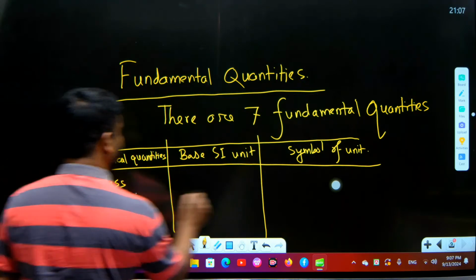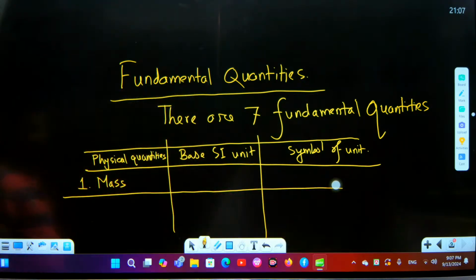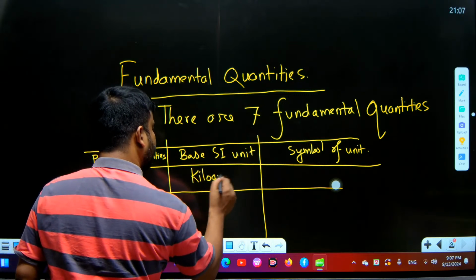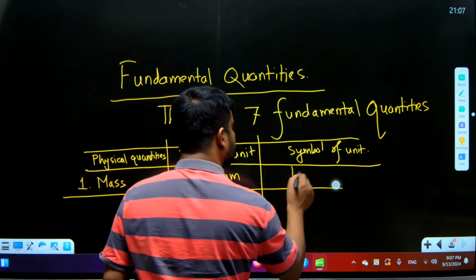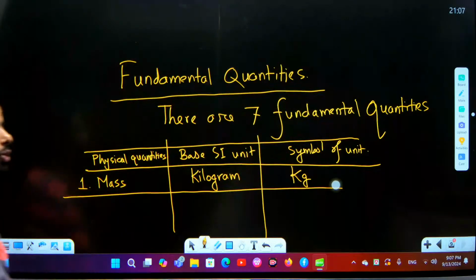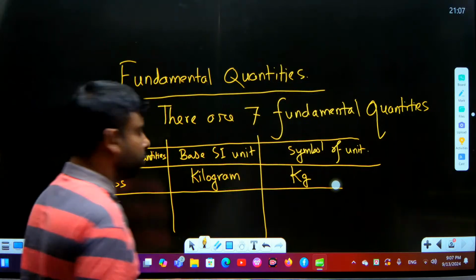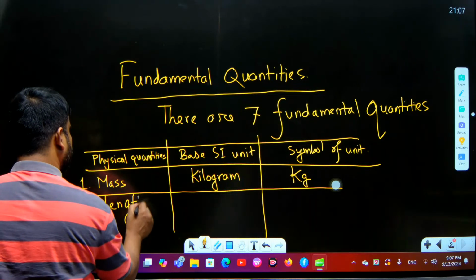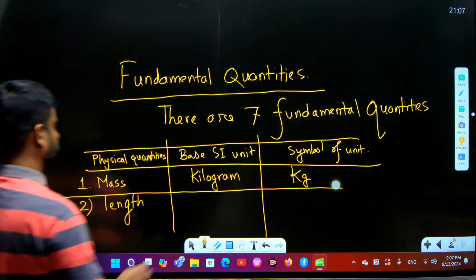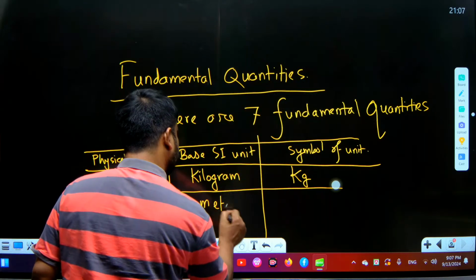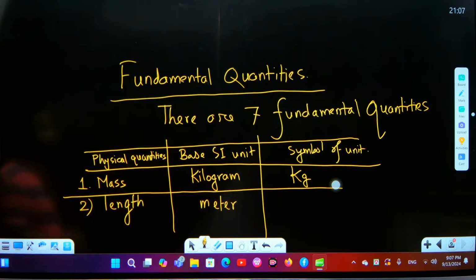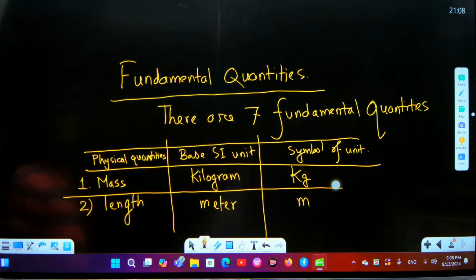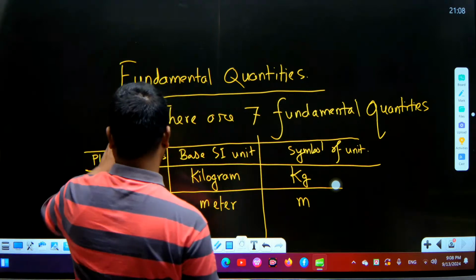Remember, there are 7 fundamental quantities. The first one is mass. The unit is kilogram, and the short form is kg. Second, length. We use the SI unit, the International System of Units. The unit is meter, and the symbol is small m.